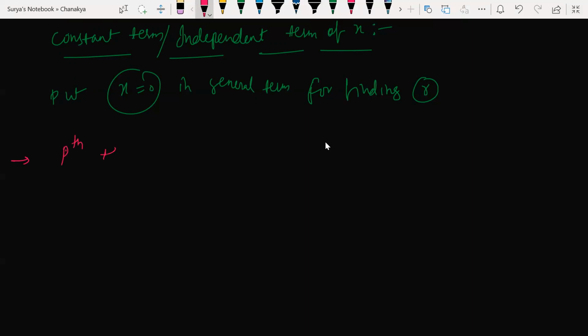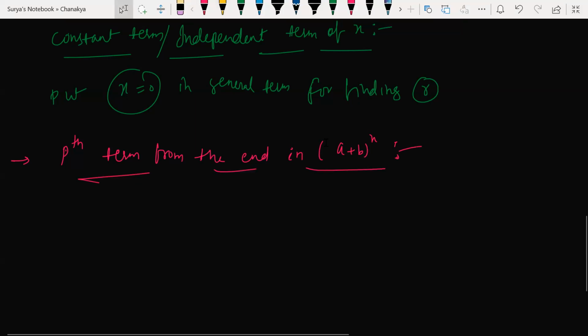Say if I say the pth term from the end in (a plus b) to the power of n, what is the pth term going to be? It is going to be the (n minus p plus 2)th term from the beginning.